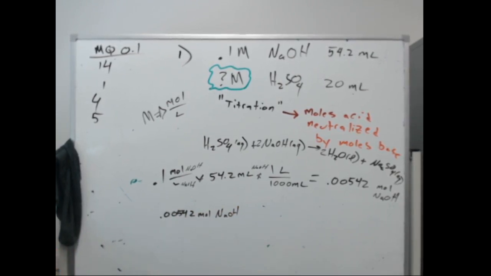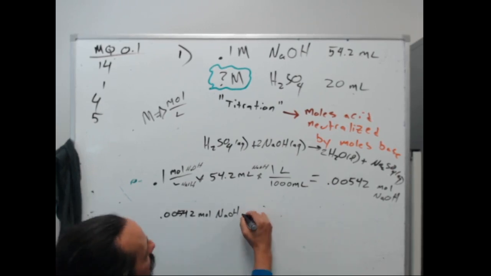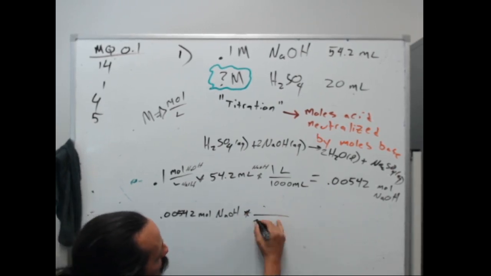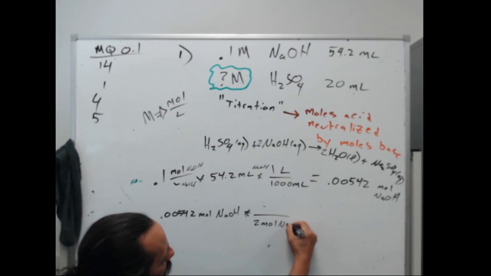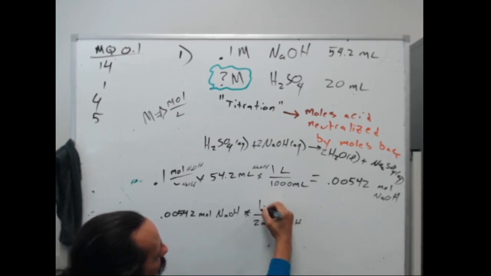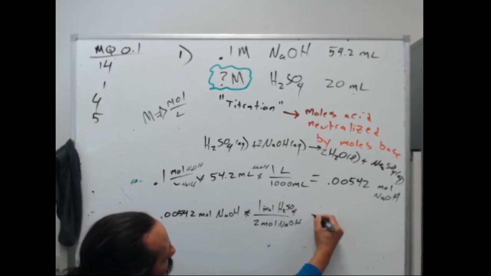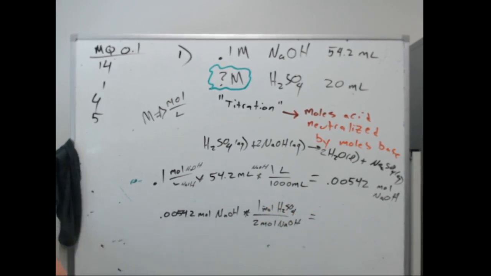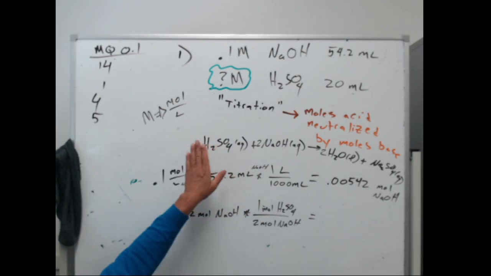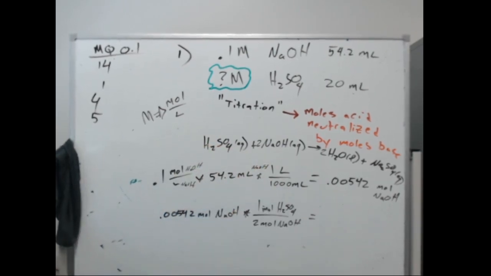So for every 2 moles of sodium hydroxide, there's 1 mole of sulfuric acid. Essentially what this says is I need twice as much sodium hydroxide, or half as many moles of sulfuric acid, because I've got that 1-to-2 ratio.